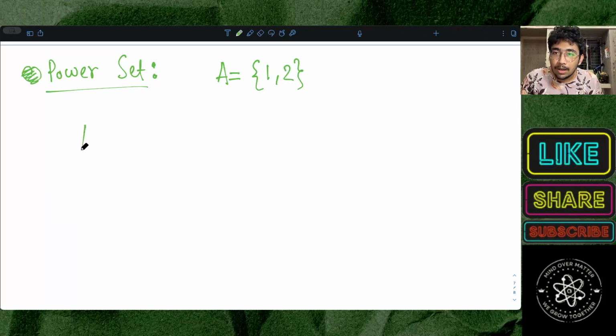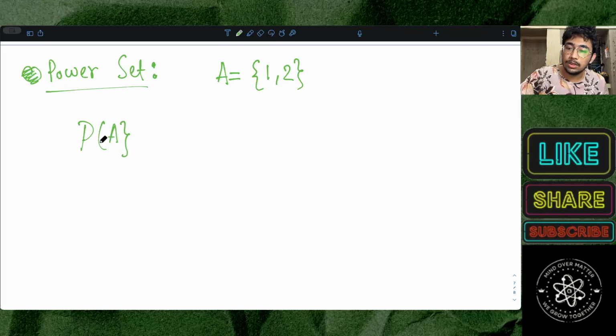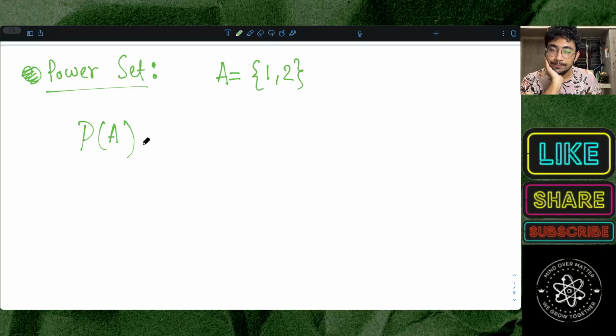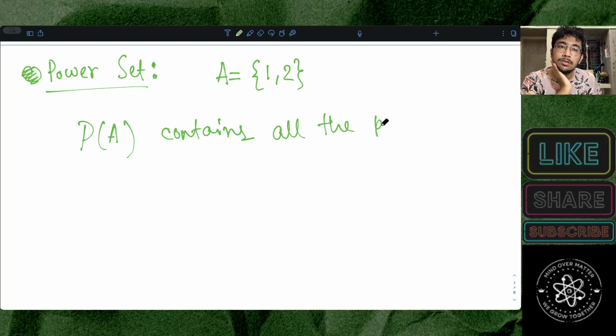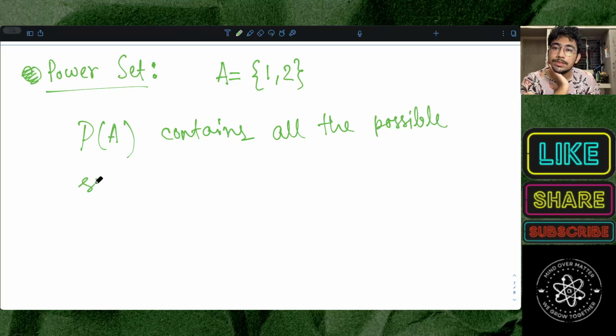Then the power set of A contains all the possible subsets of A.